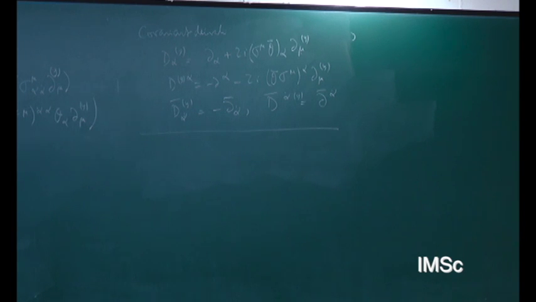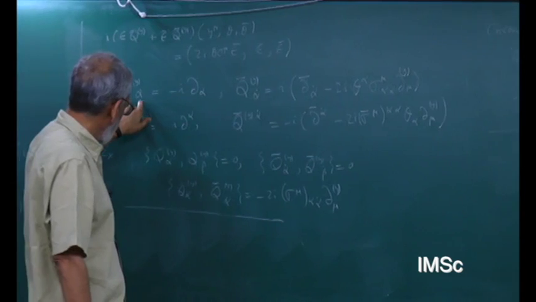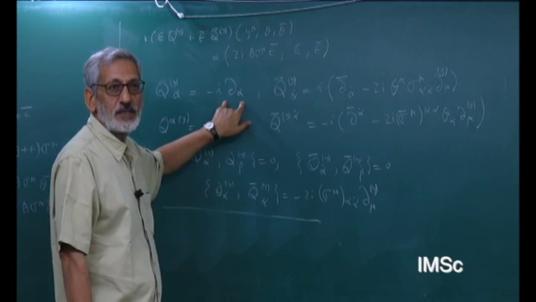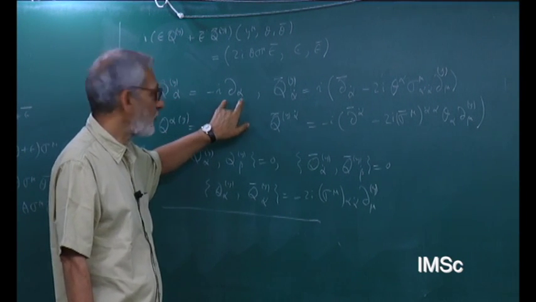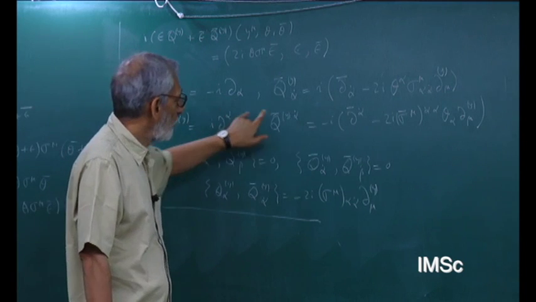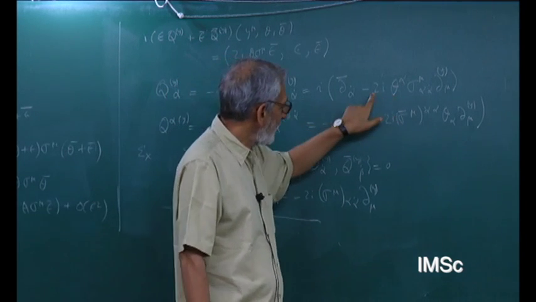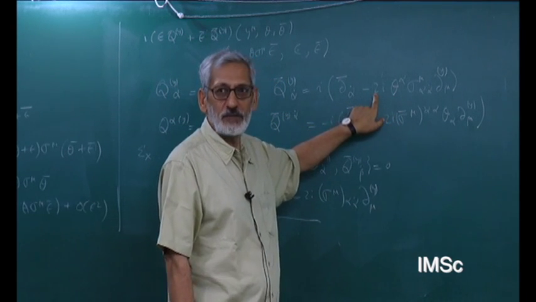Now, look at the notes that you have. What has happened when I change from x theta theta bar coordinates to y theta theta bar coordinates is that Q alpha is the same as the spinor derivative up to an i. But this object changes, essentially adds a factor of 2 here.